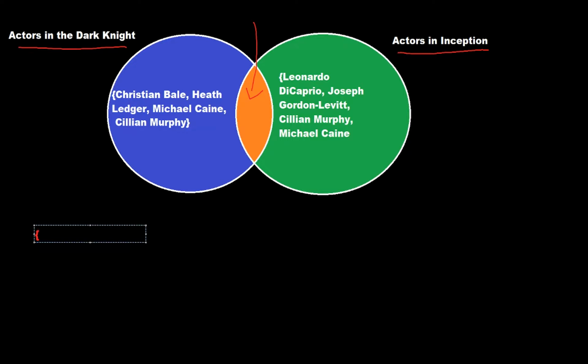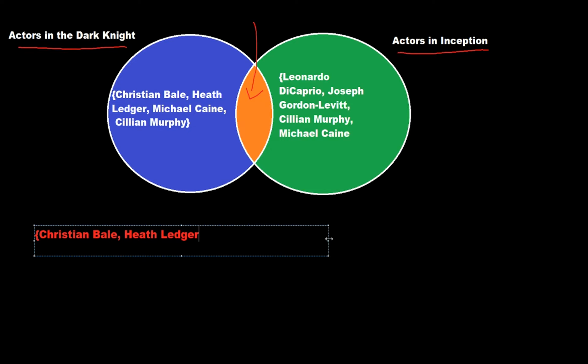The union of the two sets would be the set that contains all the actors. So let's write that out. The set would have Christian Bale, it would have Heath Ledger, it would have Michael Caine, it would have Cillian Murphy.